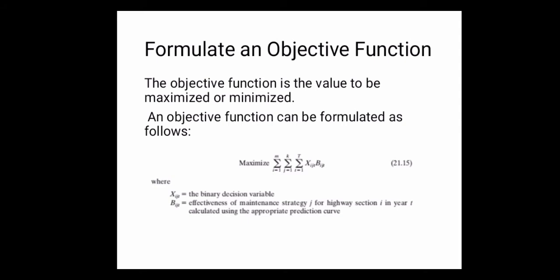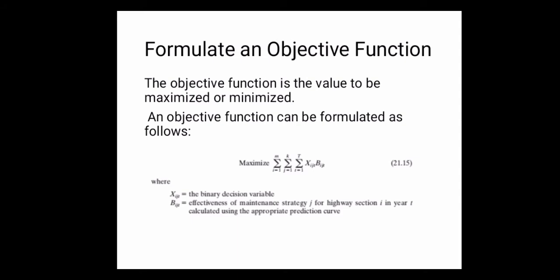The next one is to formulate an objective function. The objective function is the value to be maximized or minimized. For example, if the objective is to use available resources effectively, the objective function is stated in terms of maximizing the effectiveness of the work program. Effectiveness calculations, as explained earlier in example 21.8, can assume a variety of planning horizons.